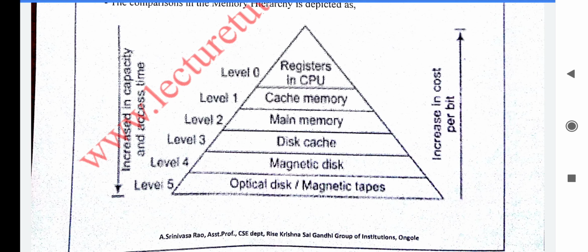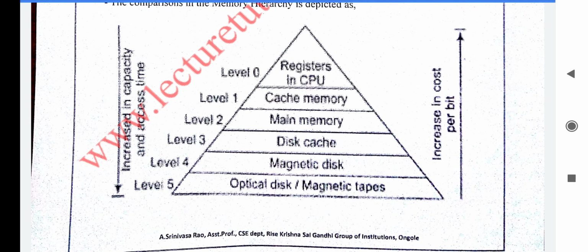So the very fastest memory is the register. A register is the fastest memory, and it is possible to place much less data in it than in cache memory, main memory, disk cache, magnetic disk, optical disk or magnetic tapes.